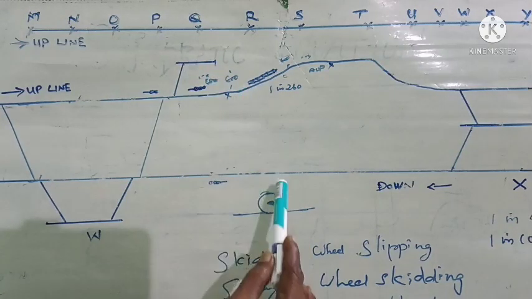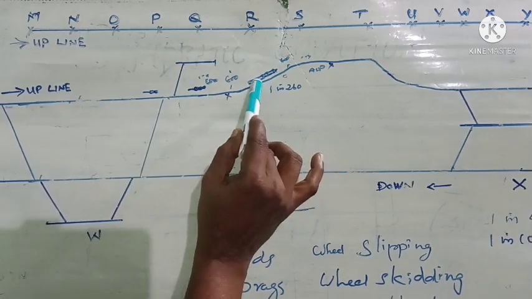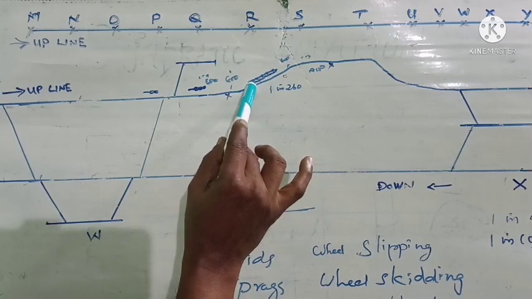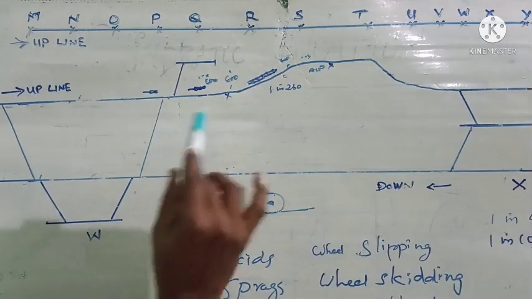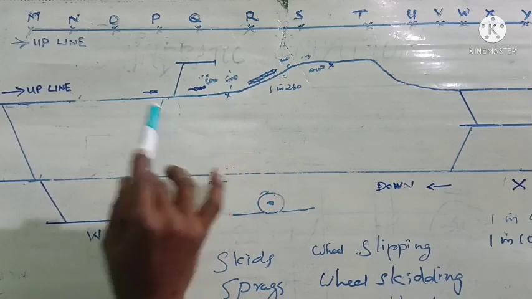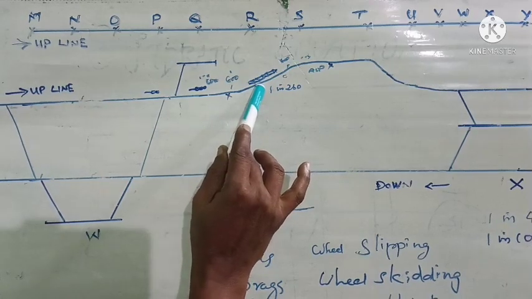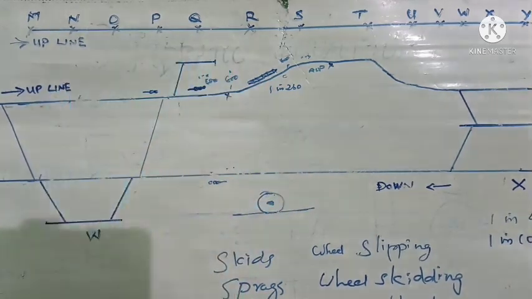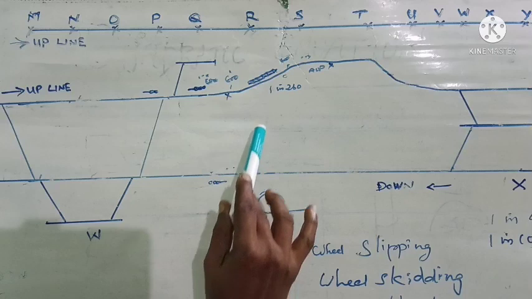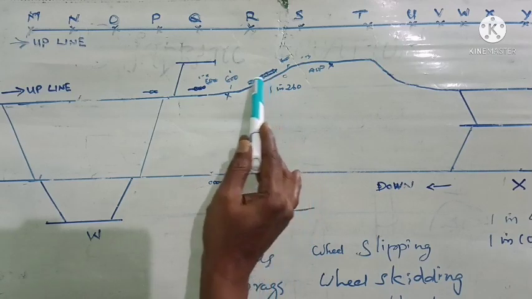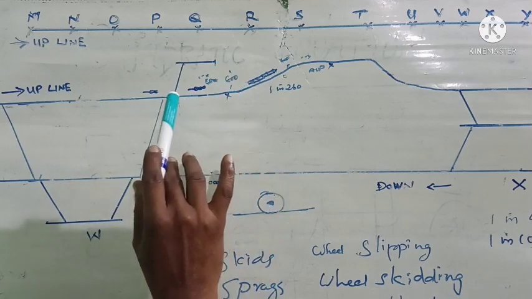Anyhow, the controller is contacted and he says that a loco will be arranged from station W to help this train, so that it can be attached at the rear and the train can be pushed towards station X. Let us take that this stranded train is very near to station W. In that case, there is also a possibility that the controller will tell the guard to back the train to station W. If the guard could not contact the controller or anybody else, the guard can consult the loco pilot, and if they decide that the train can be backed to station W, they can definitely back.